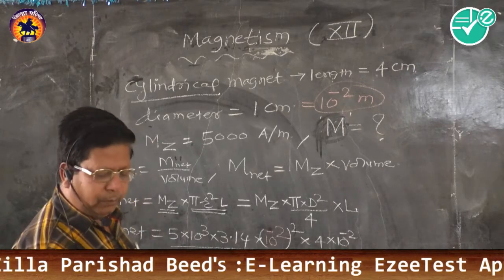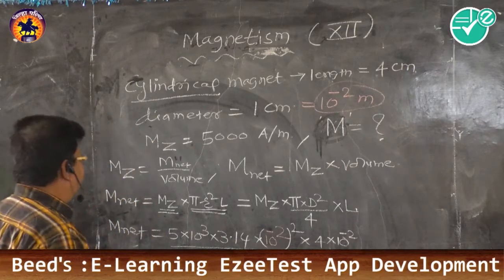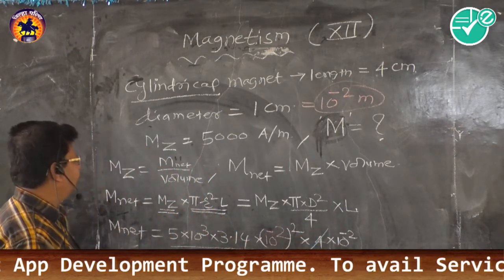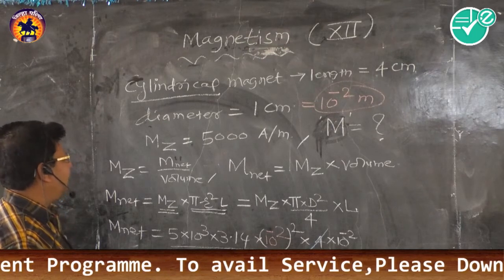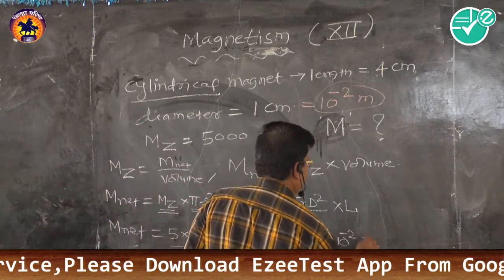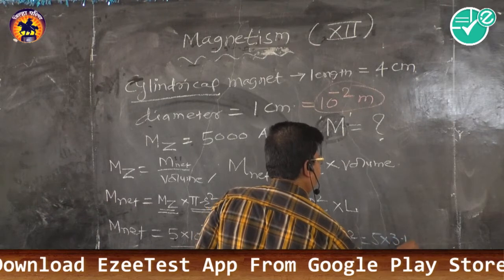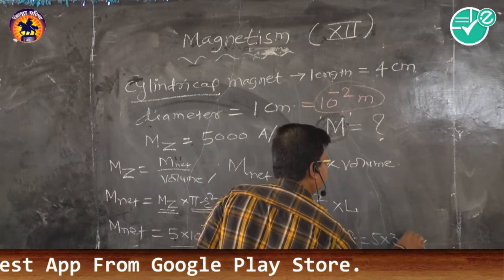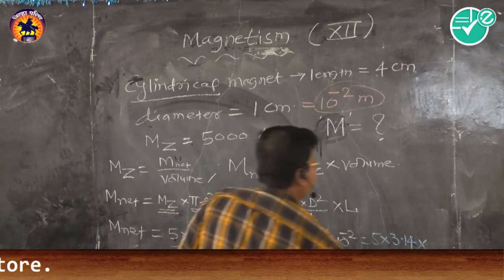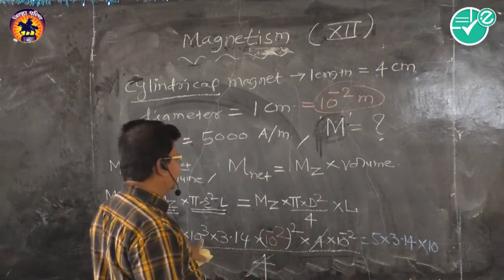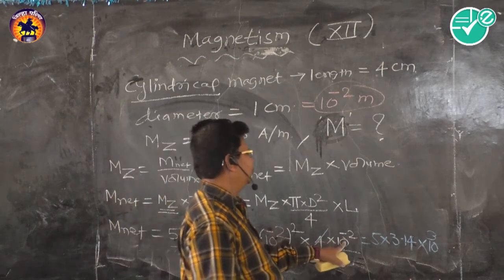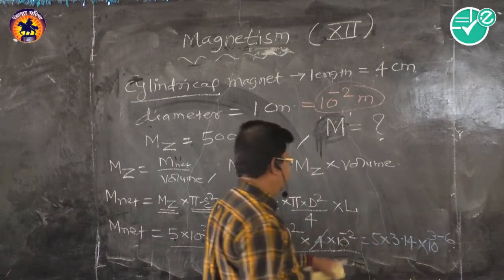Now this 4 gets cancelled with this 4. Then the remaining terms are 5 into 10 to the power 3, 3.14, and into 10 to the power, this is 3, minus 4 and minus 2, that is minus 6.